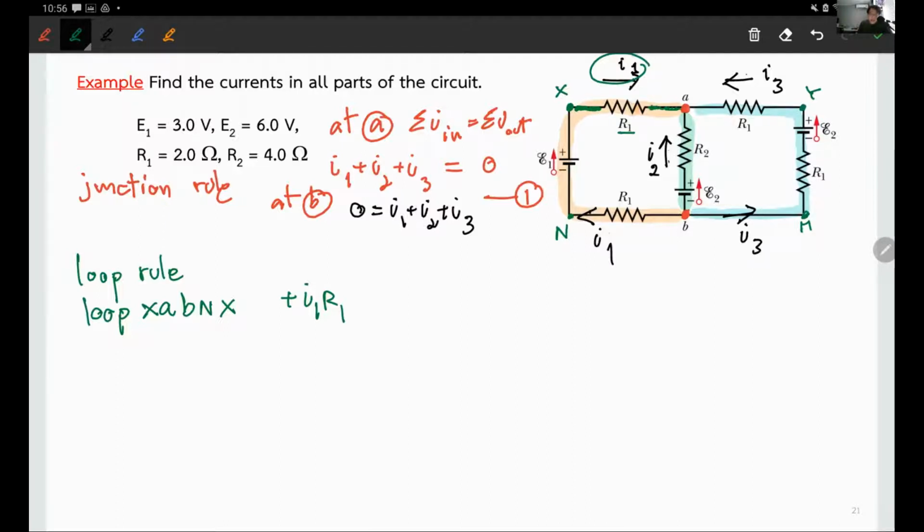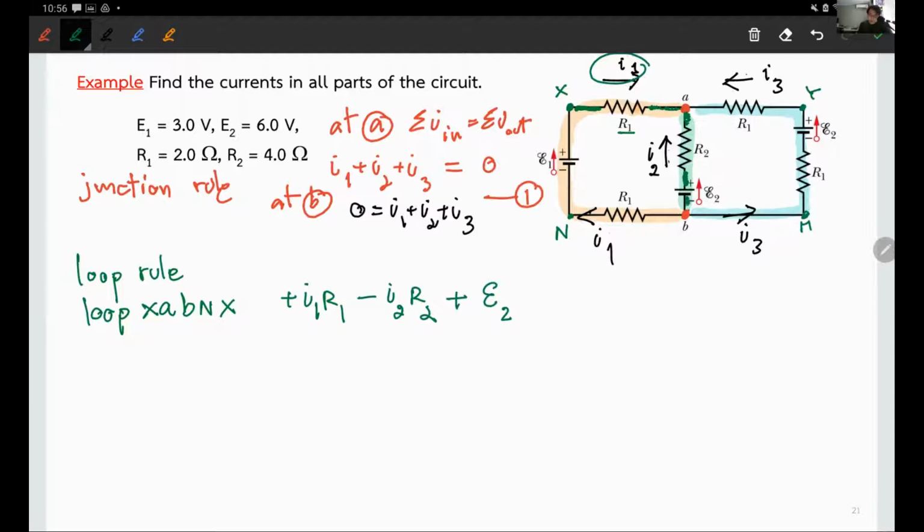Now I'm at A. Turn. Now I'm passing through R2. However, now if you look at R2, the current I2 is actually against you. I put negative sign. I2 R2. Keep going. Now I hit the positive end of the battery, so I put positive E2.